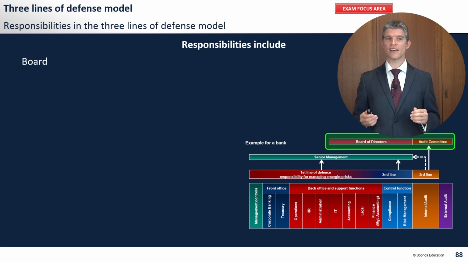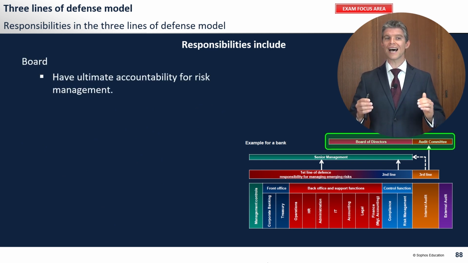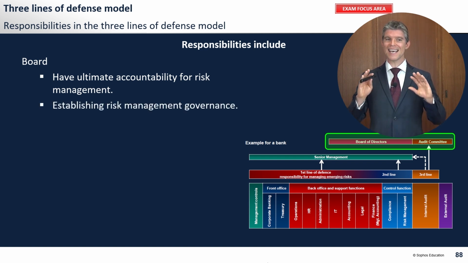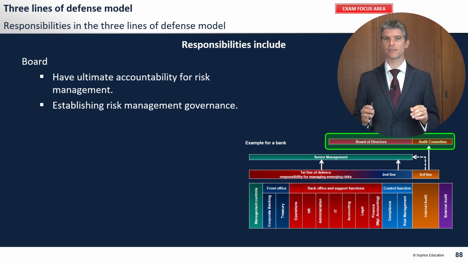In addition to that, we have the board, who's the ultimate party accountable for risk management. And very technically, they're accountable for everything, including the risks and the negative consequences themselves. They establish the risk management governance, and they determine the risk appetite.